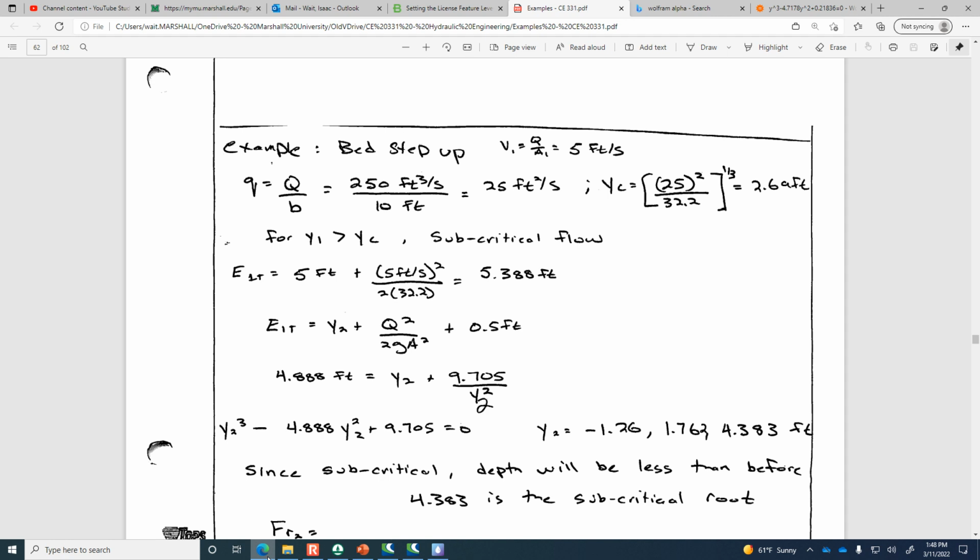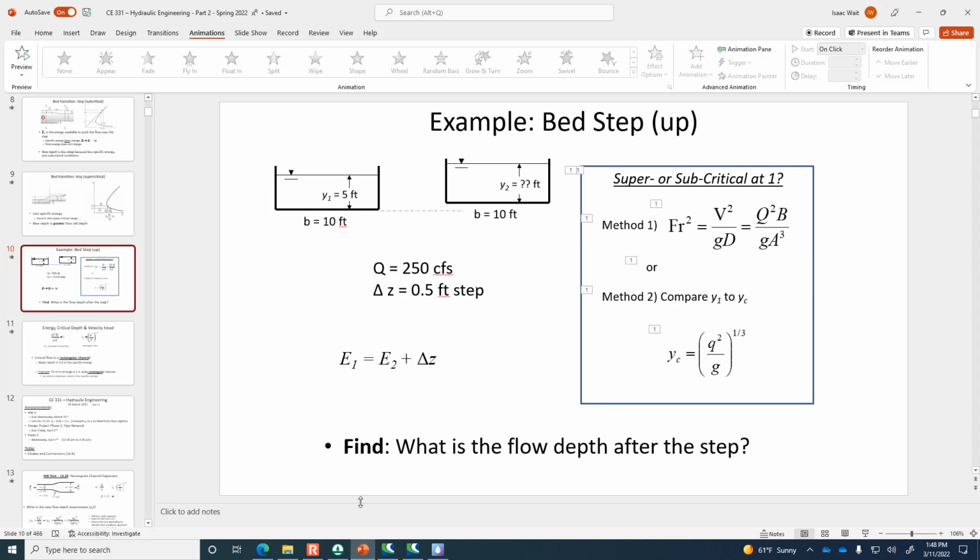So it's going from an earlier flow depth of 5 feet, and its flow depth is going to be reduced to 4.38. So it's not just as simple as subtracting out the step. The step height was half a foot, and the initial flow depth was 5 feet.